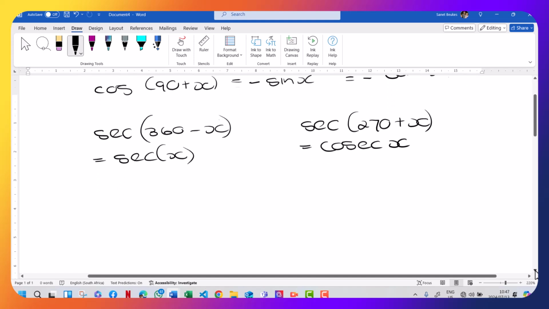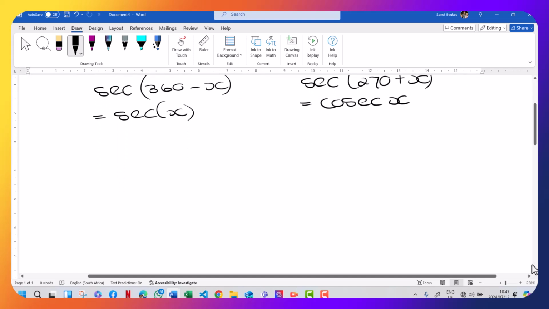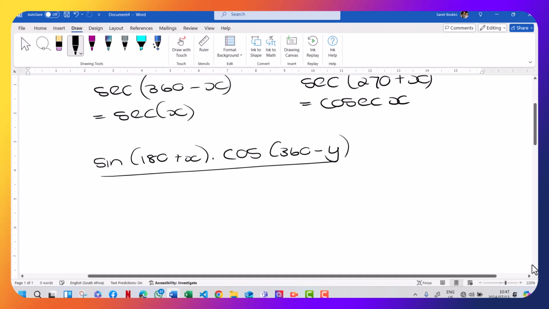Let's do an example. If I have something like this, sin 180 plus x, multiplied with cos 360 minus y, for example, divided by cos 90 minus x, and sine 270 plus y.